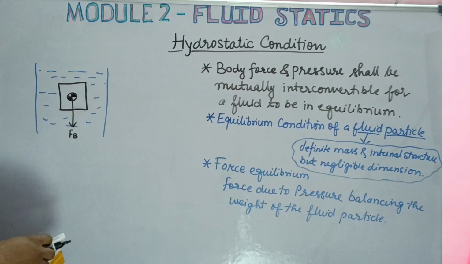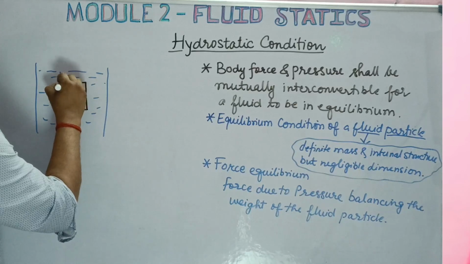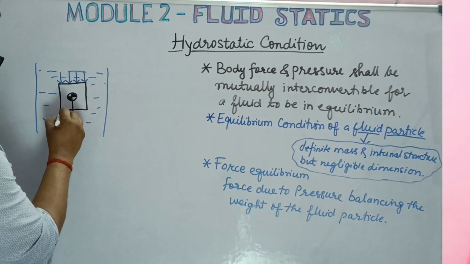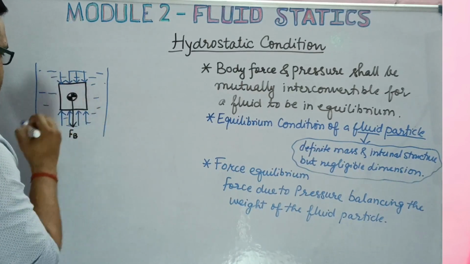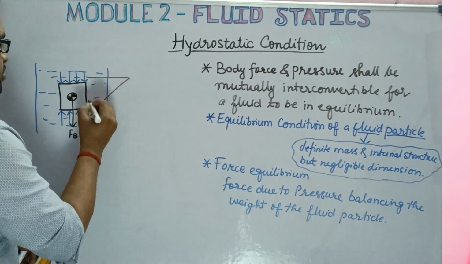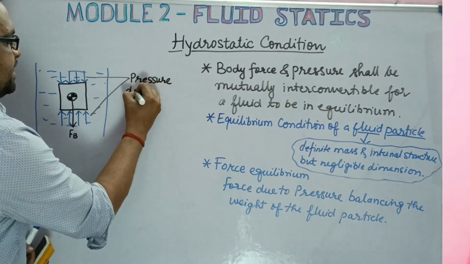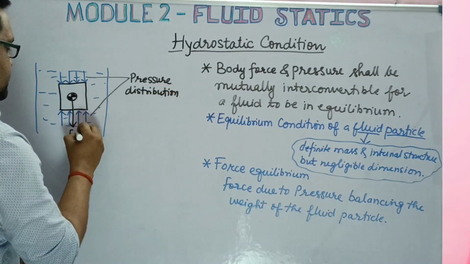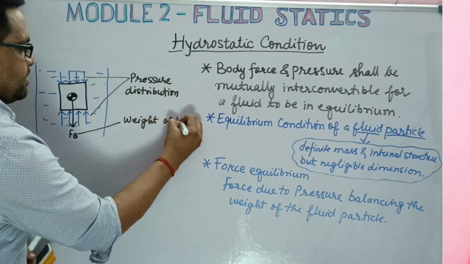Now this fluid particle will be under the action of pressure of the fluid. So we will draw pressure like this. The intensity of pressure may be represented by using these arrows. So this actually represents the intensity of pressure, or you can say that this is the pressure distribution that is acting upon the body, and this FB is the weight of the fluid particle.